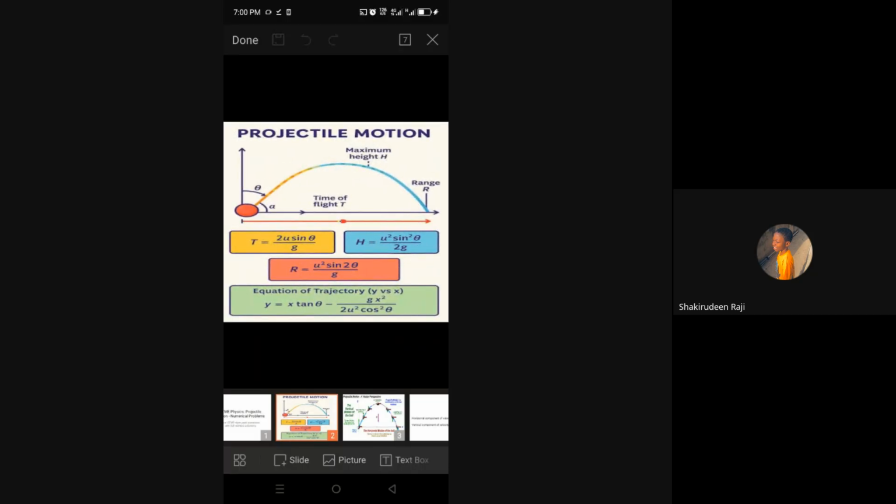You can just write these three formulas down: 2u sine theta over g for time of flight, maximum height u square sine square theta over 2g, then range u square sine 2 theta over g. G is acceleration due to gravity.